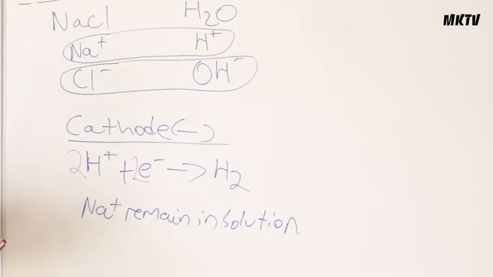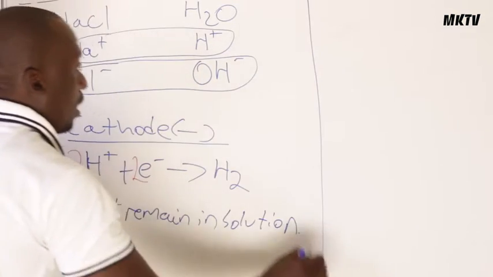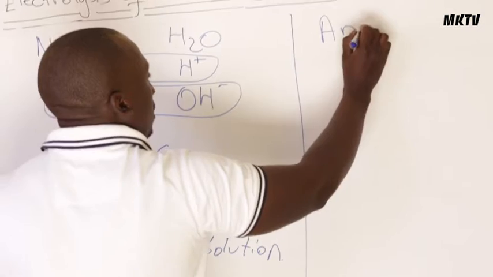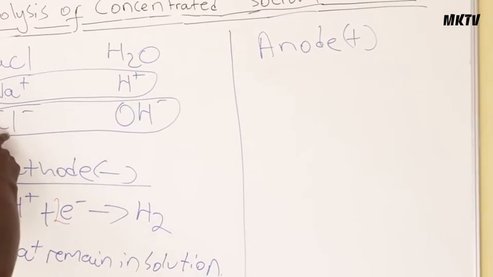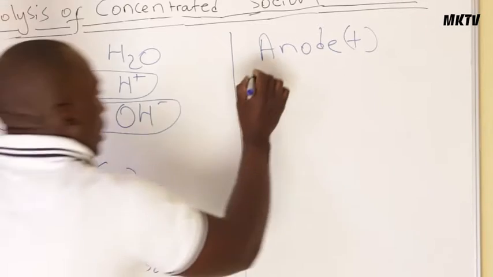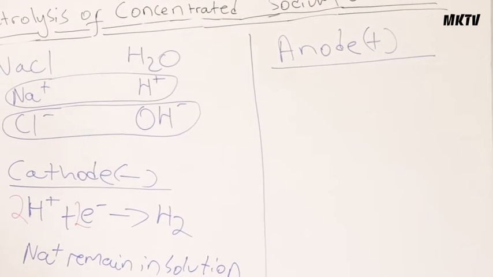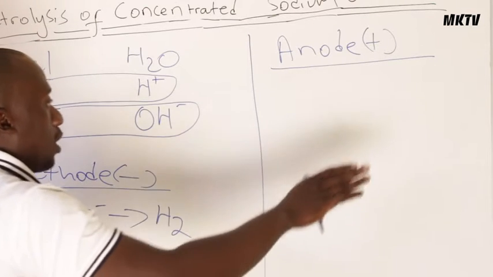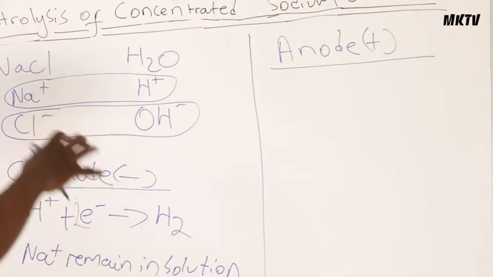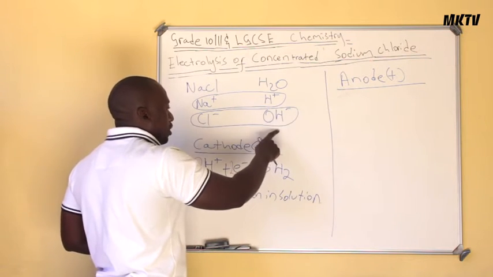So now, let us see what is going to happen at the anode. The anode is that positive terminal. At the anode, we are going to have the chloride ions and the hydroxide ions attracted to it. But because this is concentrated, the chloride ions are much greater in number than the hydroxide ions.